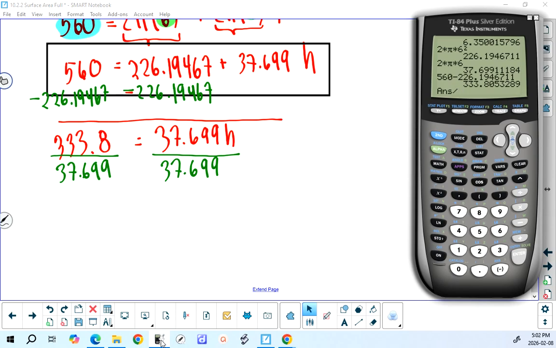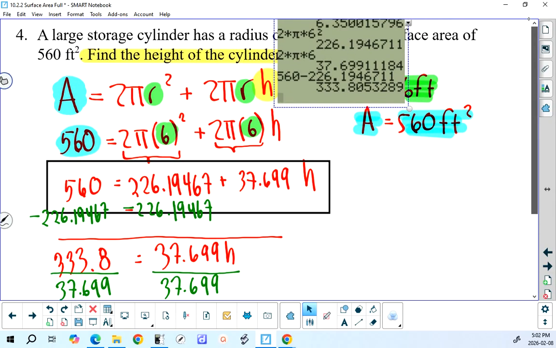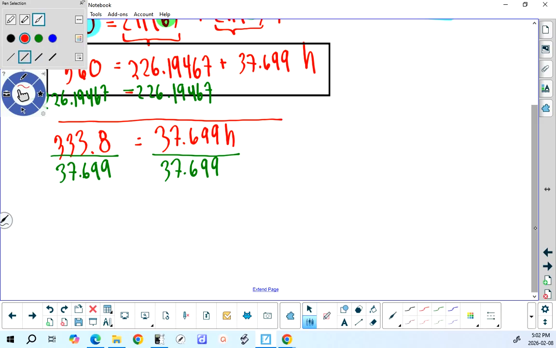So I can just go divided by and scroll up and grab this, and I get 8.85 feet. That's my H.